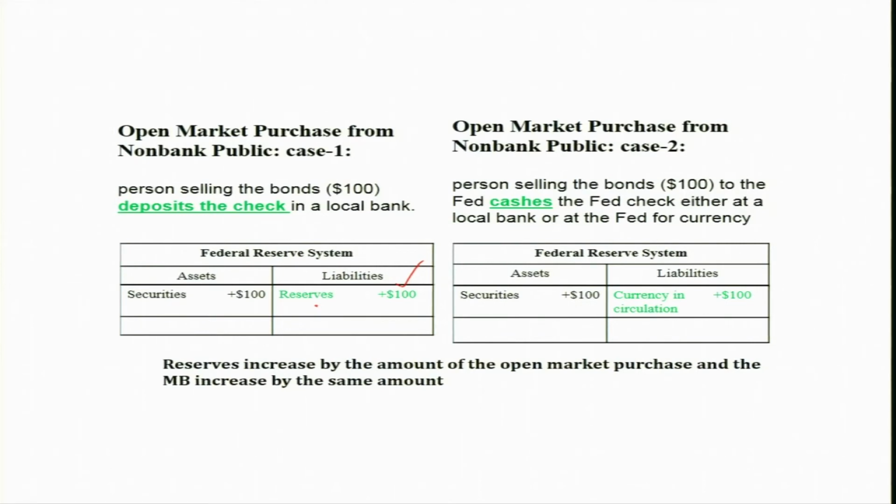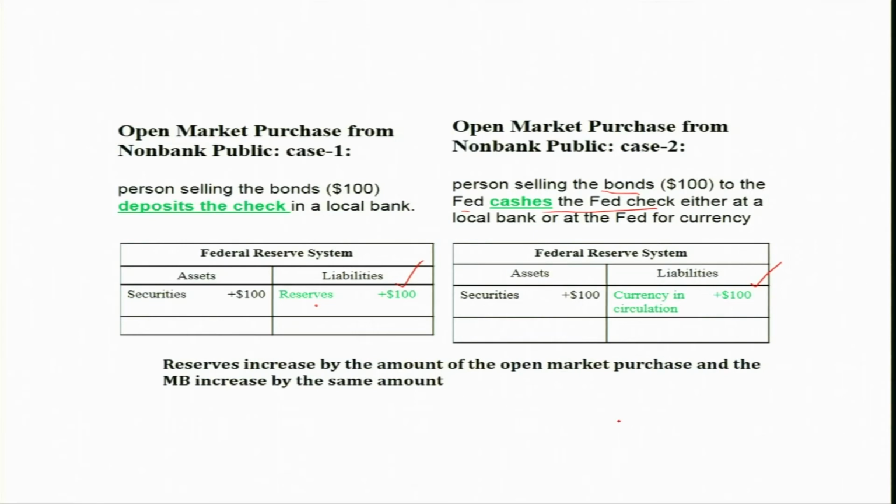If instead of depositing in a bank, the seller of the bond immediately cashes it out and converts it into cash, then the currency in circulation increases.